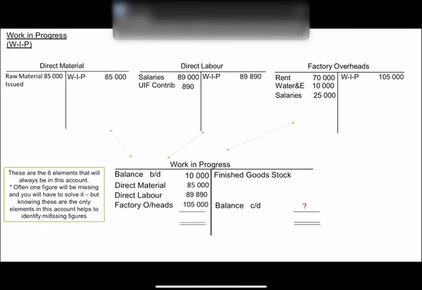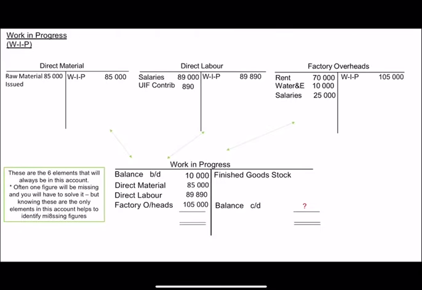Okay. Now, what we can see is that we have been asked to work out our balance carried down, correct? However, in order to work out that balance carried down, we need to know what our finished goods stock amount is. So like I said, once all the goods have been produced, whatever is finished at the end of the year is transferred to our finished goods stock because it means that those items are ready to be sold.